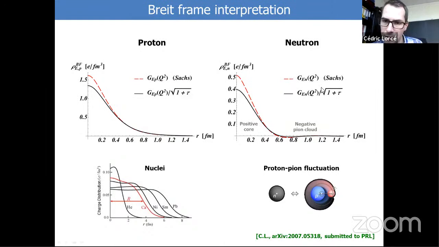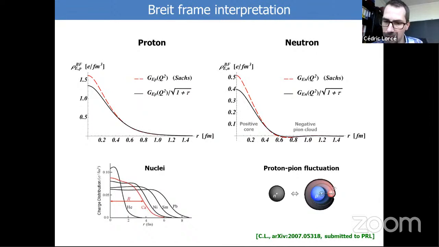Again, here the two curves really show the effect of a typical relativistic correction factor you may have. So can we understand why the center should be positive and the outer region negative? Well, there's a simple picture that really easily accounts for that. It is based on the idea that the neutron can quantum mechanically fluctuate into a proton-pion state.